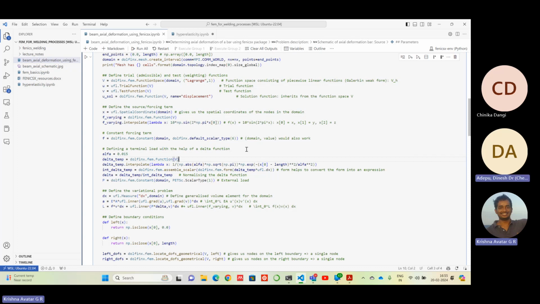When you're solving, in the background, because of Fortran and all this stuff, they need to know what exact type it is. So if you say default type, then automatically dolfinx will set everything up and say, okay, 6, set it to some double or long double. We don't know. That's why you mention it as default scalar, whatever type it is in the background.